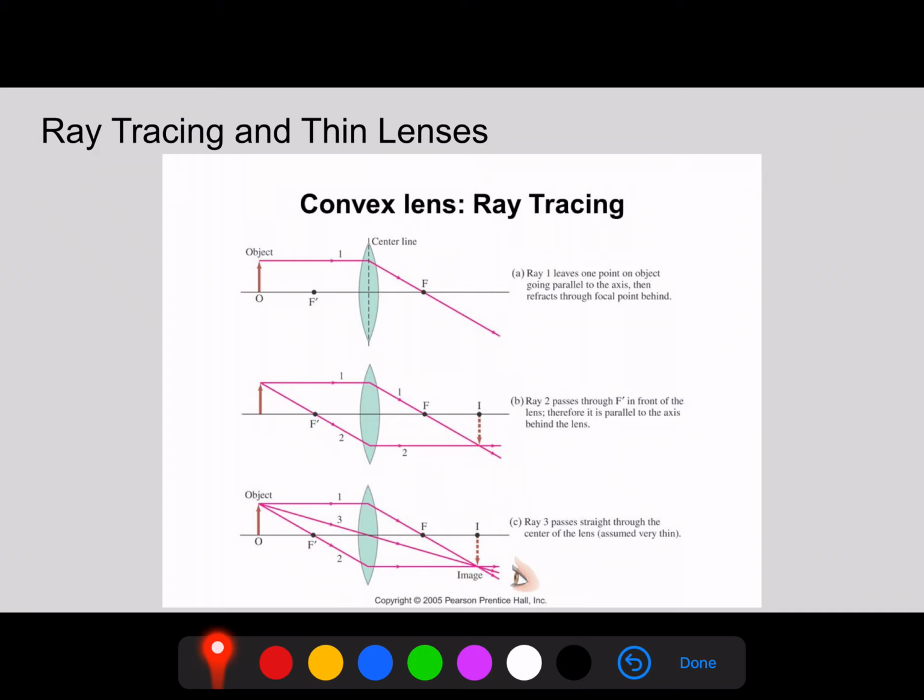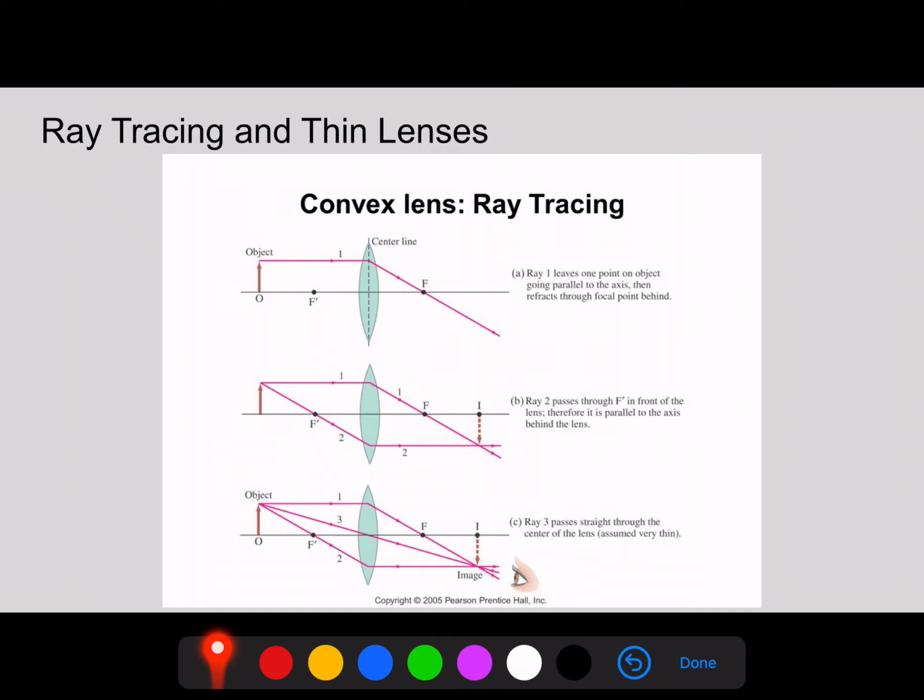And the ratio of the height of one to the other will tell you something about the magnification of that image. So in this converging lens situation, what I end up with is a real image. In other words, I could stick a projector there and it could project the object's image onto the screen, and the image is also inverted.